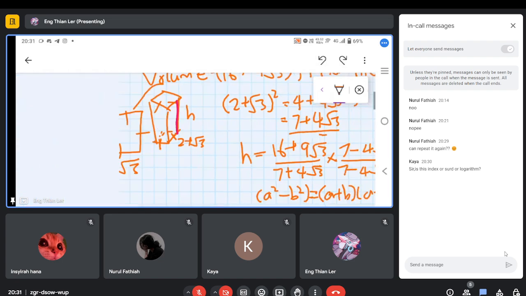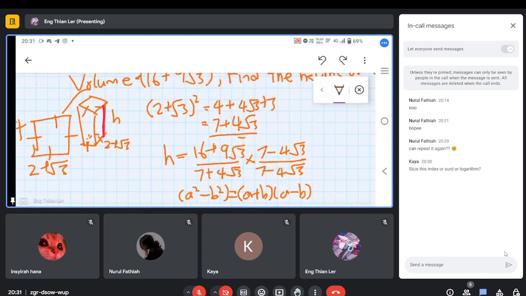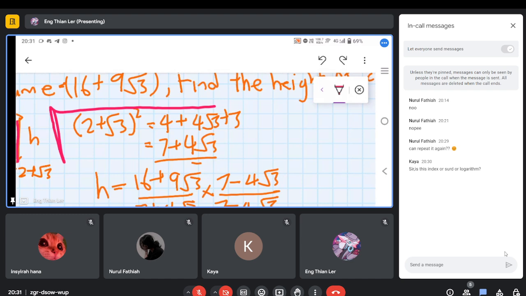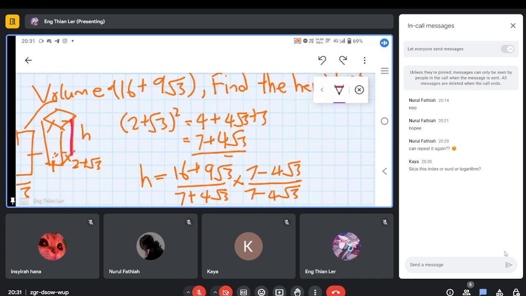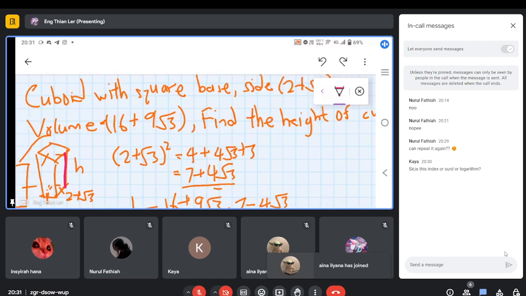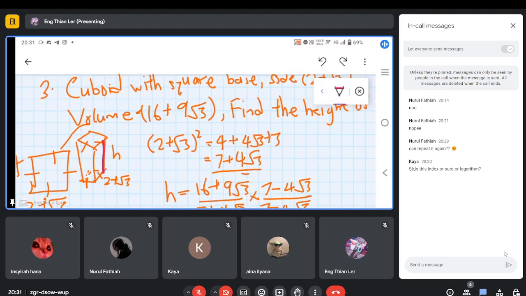At first we need to square the 2 plus √3 because we need to find the area of the base. That's exactly what I did here. I squared the 2 plus √3. After I do that, we need to find the height, and it gives us that the volume is 16 plus 9√3. The volume of the cuboid is length times width times height.